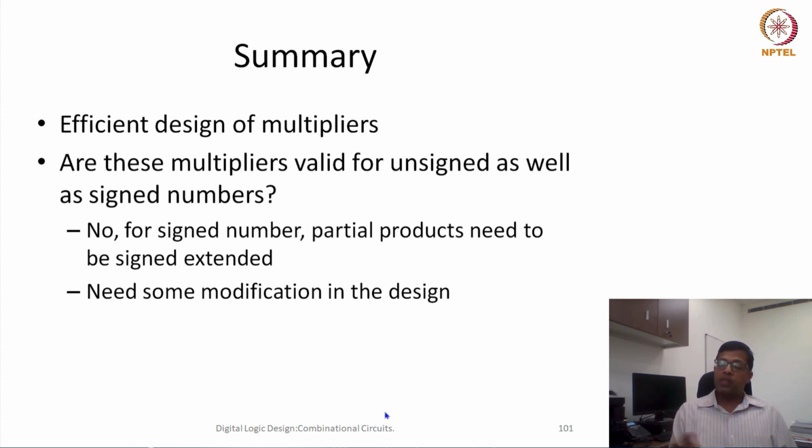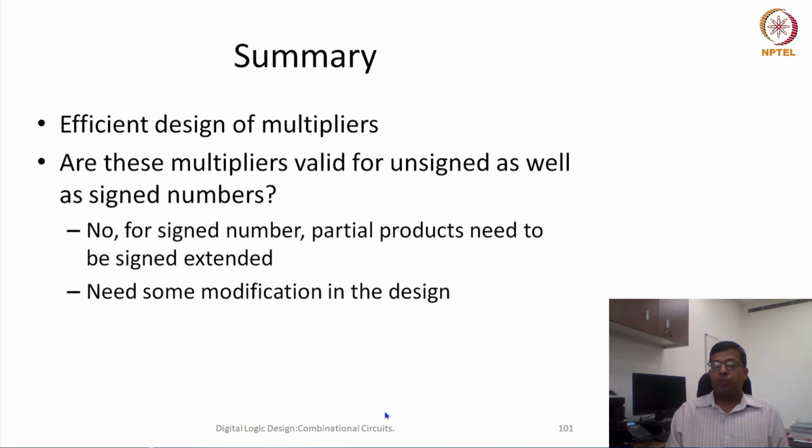But in today's lecture, we have seen the result is of size 2n. So the question is whether this result of 2n will always give a correct result in the case of unsigned numbers as well as signed numbers.